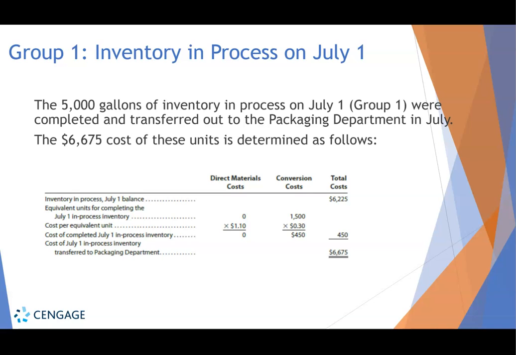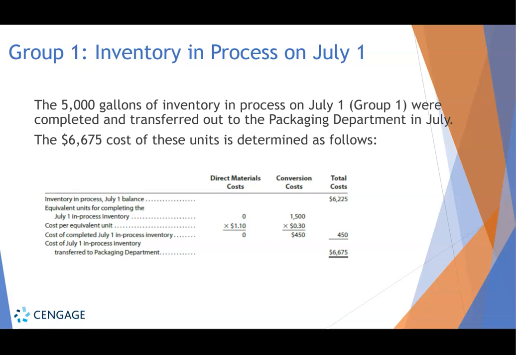The cost of completing the 5,000 gallons during July is $450. The $450 represents the conversion costs only that were necessary to complete the remaining 30% of these gallons.